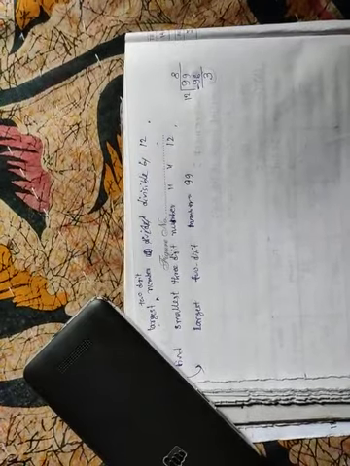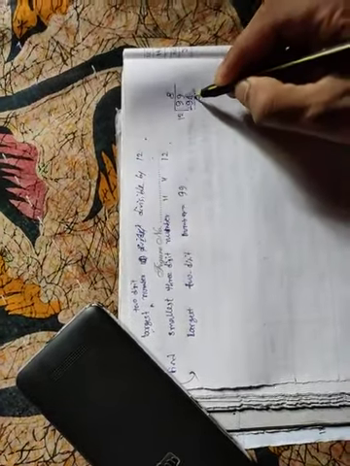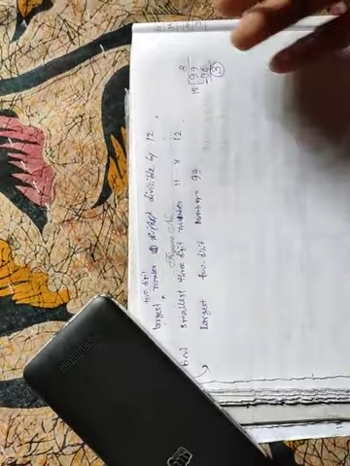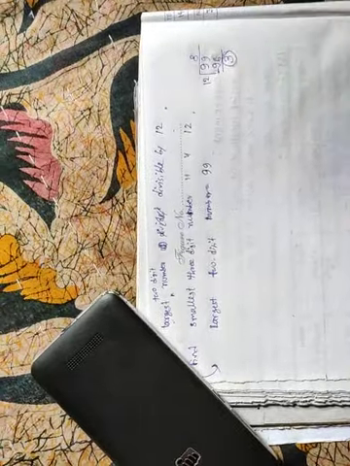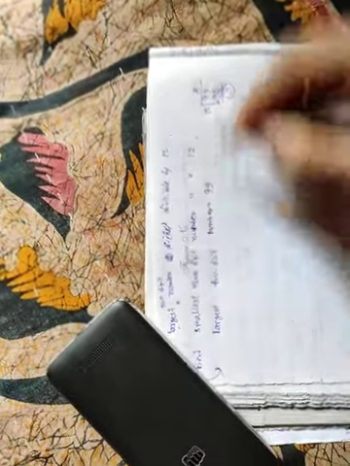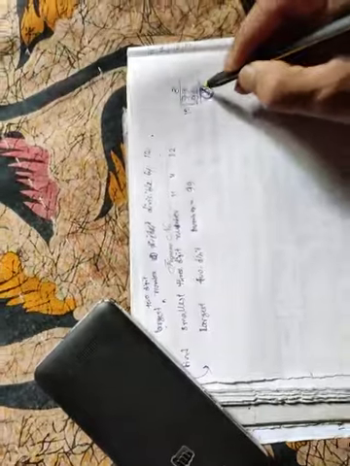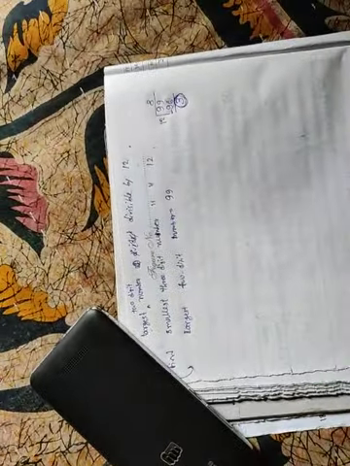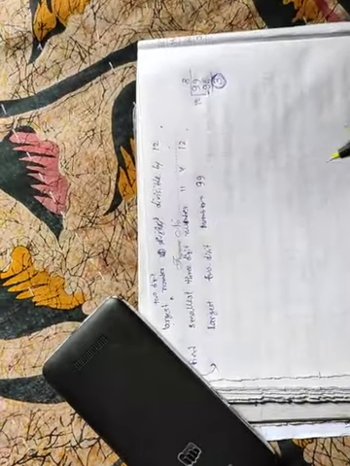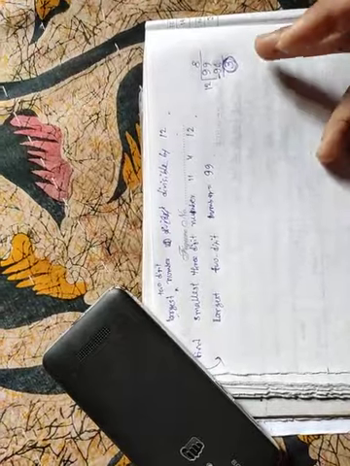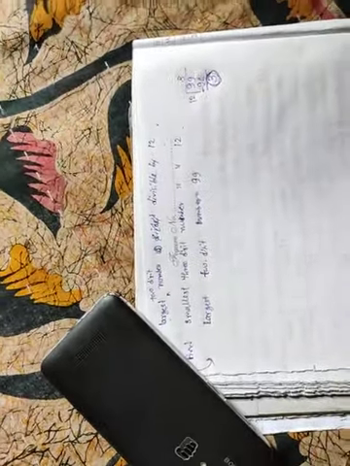Clear or not? Just think. 3 remainder means this is the excess digit. So if we subtract the excess digit from the main number, then we will get the divisible number.